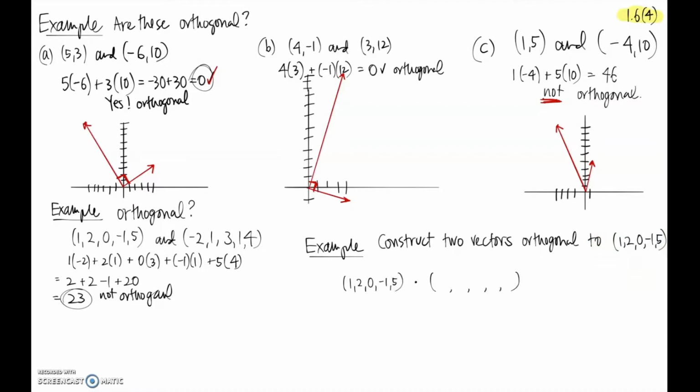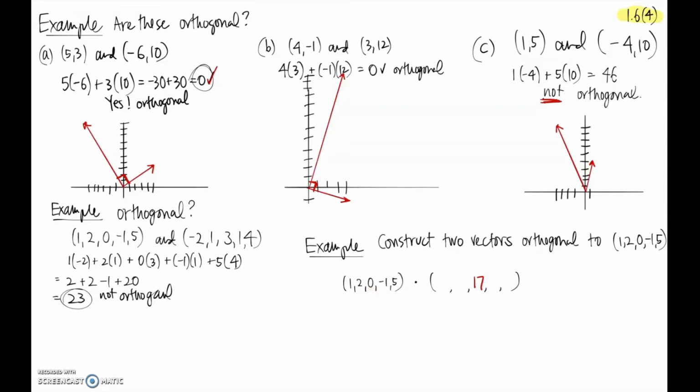First of all, we know that we need to have 5 elements in our vector because it has to be in R5. And importantly, this middle element, it doesn't matter what it is because it's going to get multiplied by 0 and 0 out anyway. Remember that we want this dot product to equal 0. It doesn't matter what this middle element is, so we'll just say 17 because it's going to get multiplied by this 0.